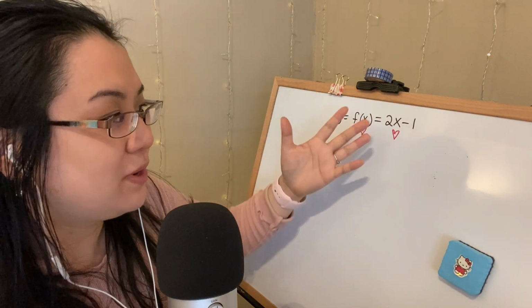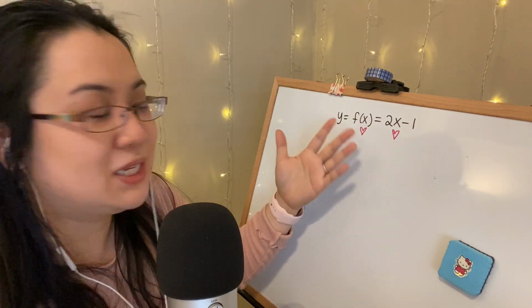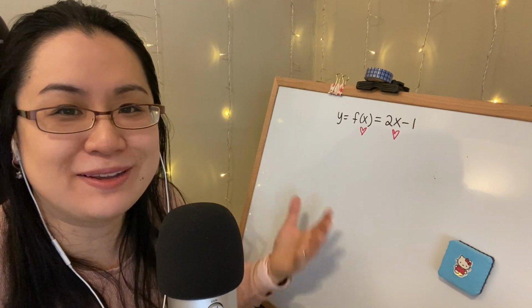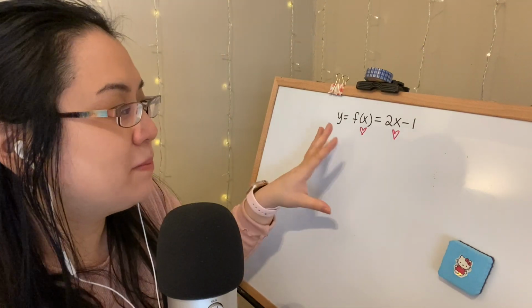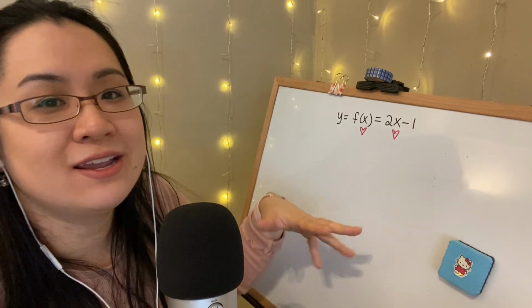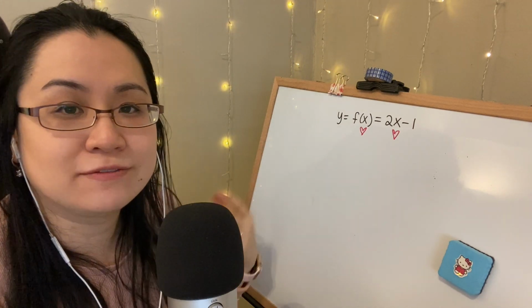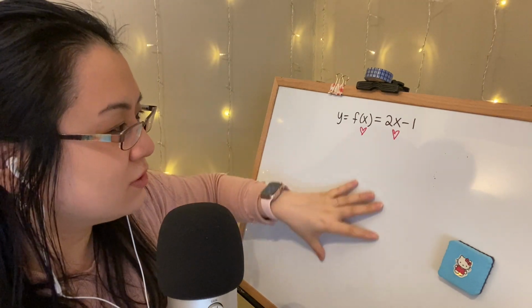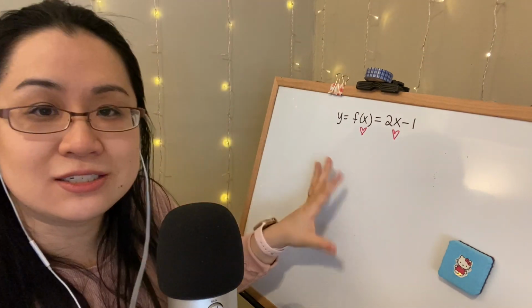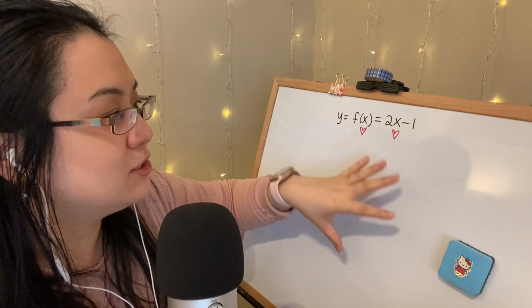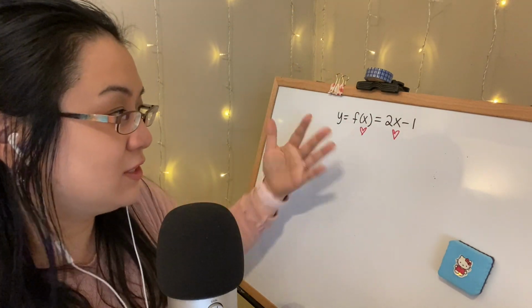X values don't have to be integers, right? So there's just going to be infinitely many inputs I can put in, but a table can help us get a feel for the pattern and the shape of our graph, and it's just cool to think about. So why don't we start looking at a table for this and then use that for intuition for our inverse of this function.